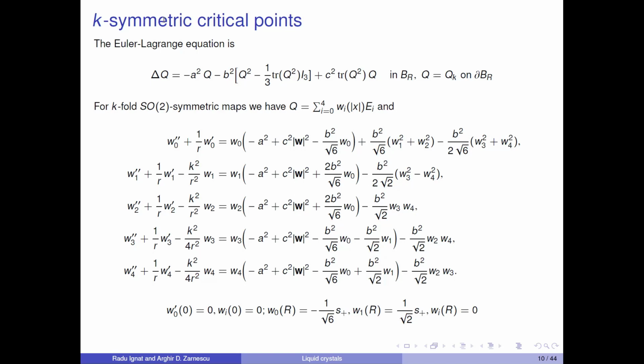Still these are fully coupled, because pretty much every component will talk to every other component. Almost, there are still some nice cases that again can be detected using the symmetry arguments.